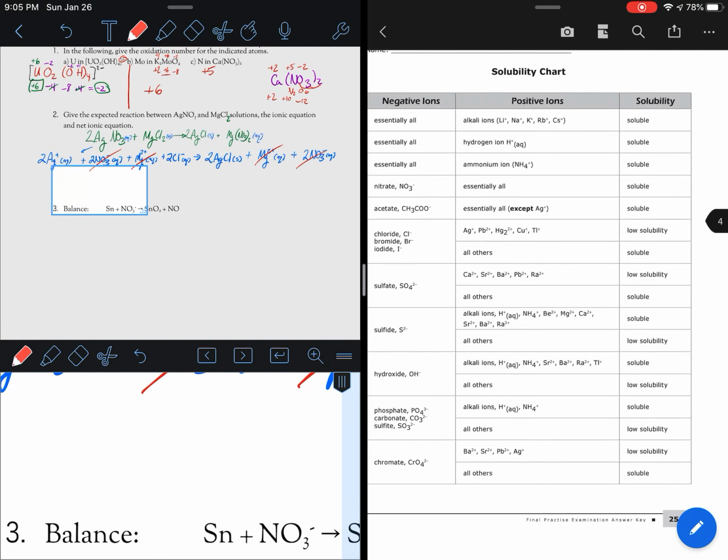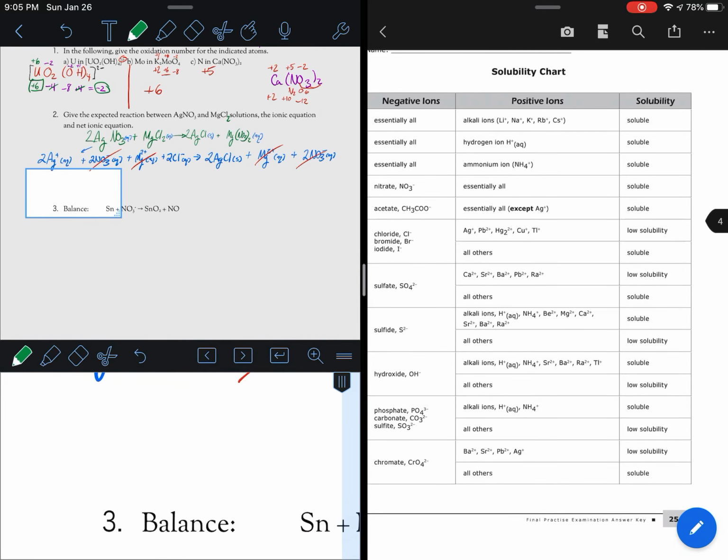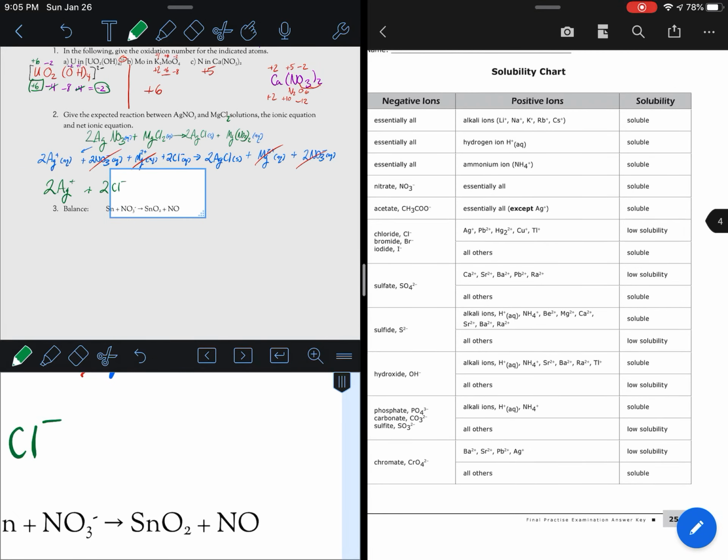So the actual reaction that we're watching, and the one that we would insert into, say, an equilibrium balance, like we did later in the unit, is the 2 silver ions plus 2 chlorine ions gives us 2 silver chlorides.